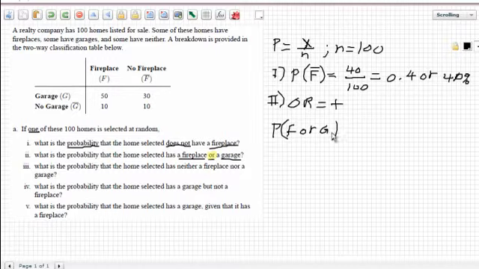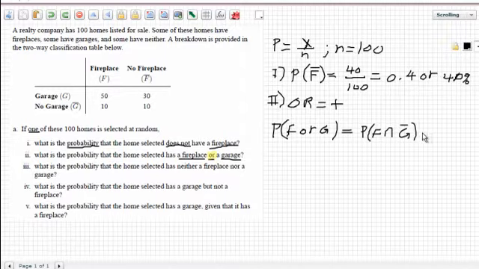Now that probability is made up of how many probabilities? Well, let's just think here. I can walk into a home and find a fireplace and no garage. So I'm going to use this symbol over here for "and." So fireplace and no garage.